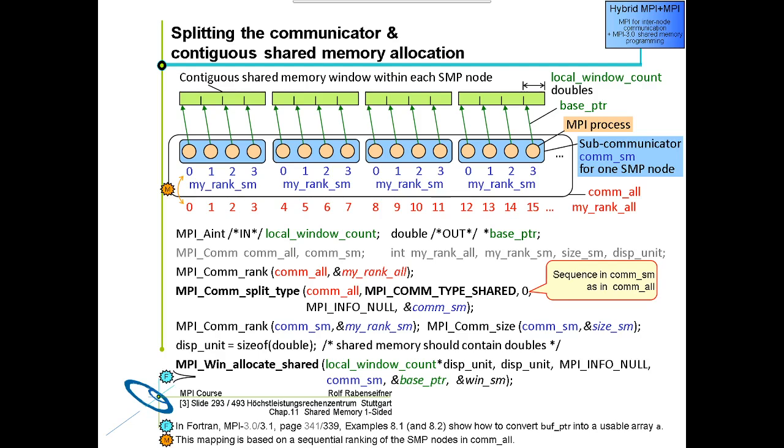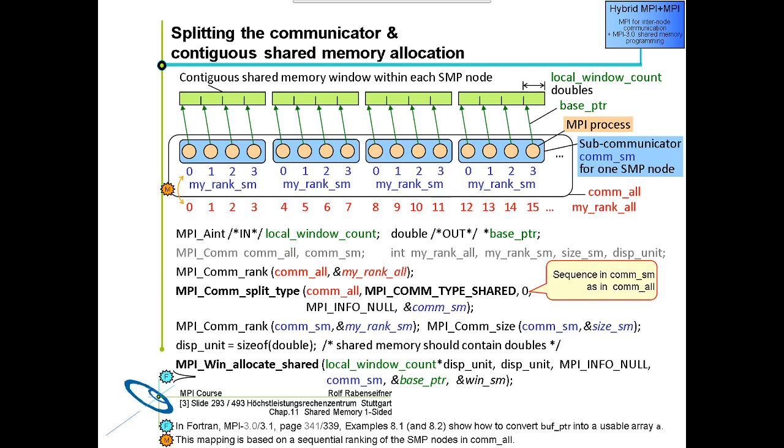Then once we get the new ranks inside the shared memory communicator, we allocate the shared memory with the MPI_Win_allocate_shared function, so that we obtain the window and also the base pointer to the local memory that has been allocated as a window, which is indicated in the picture above in green.